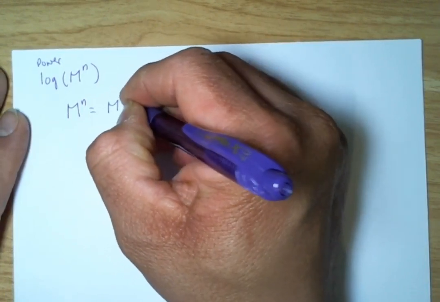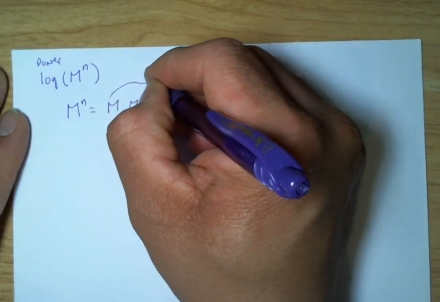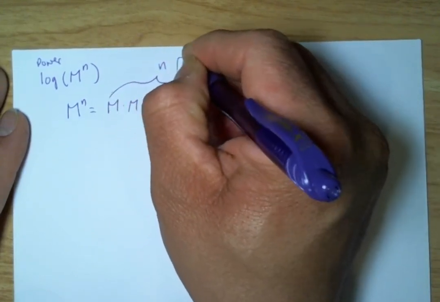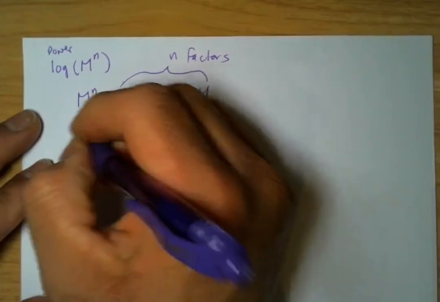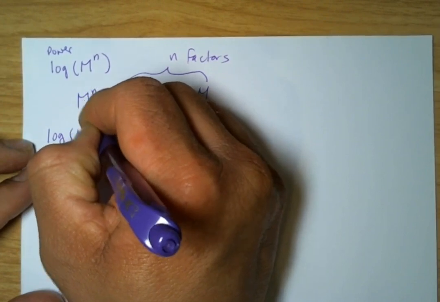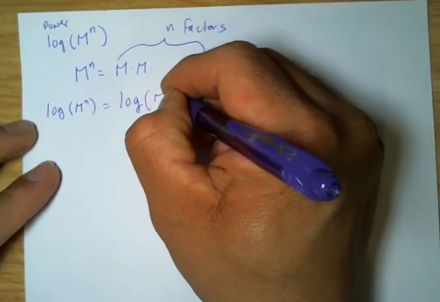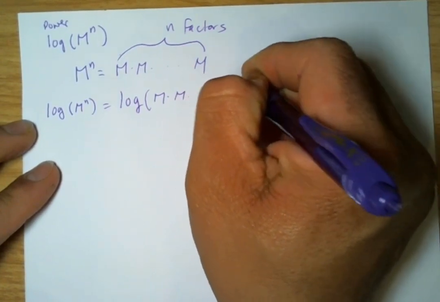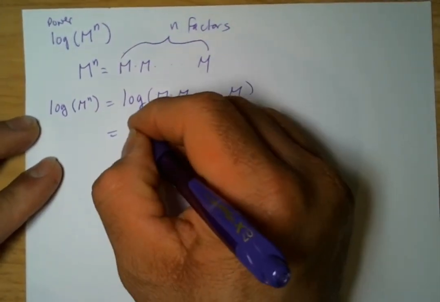right? Then we can think of this as we have n factors. All right, and if we had m factors, so if I had something like this, and I can write it as m factors, well then I can do repeated use of the product rule, right?